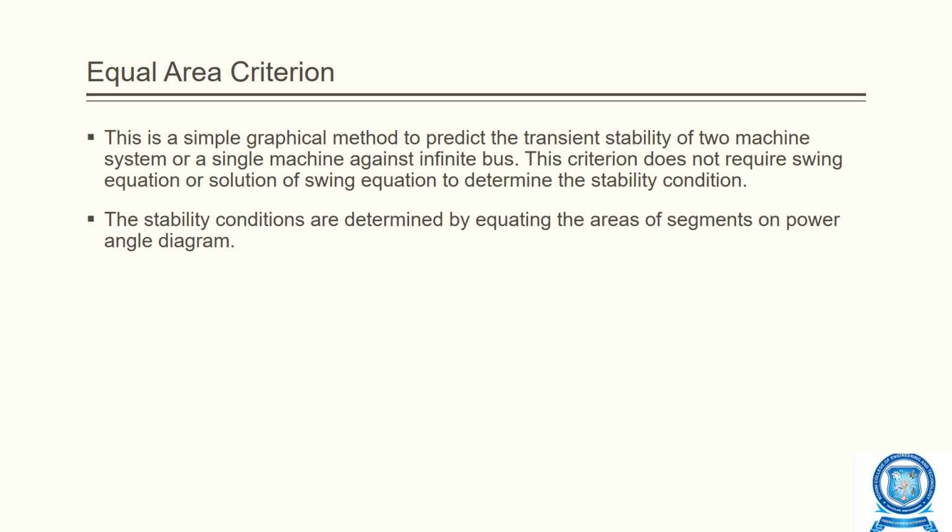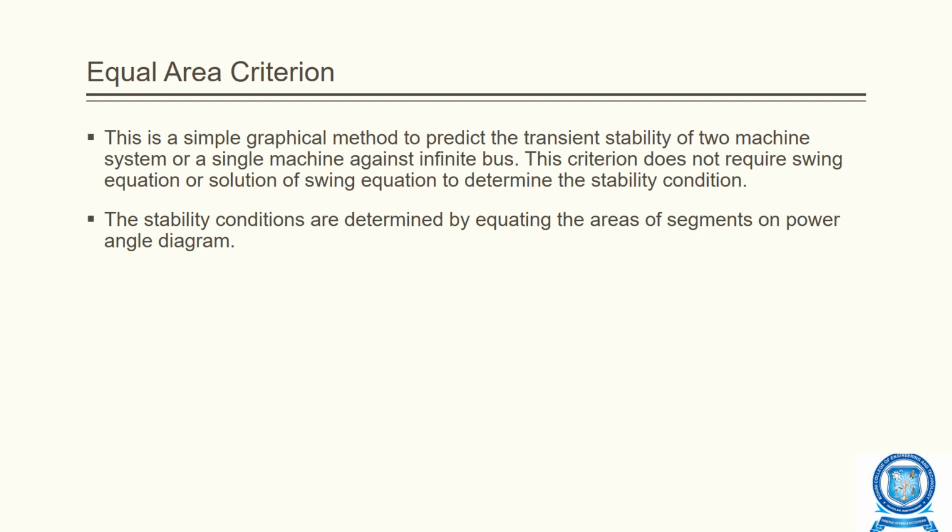Thus, the method is based on graphical interpretation of energy stored in rotating mass as an aid to determine if the machine maintains its stability after a disturbance. This method is only applicable to a one machine system connected to an infinite bus or a two machine system. This method provides a physical insight into the dynamic behavior of the machine.